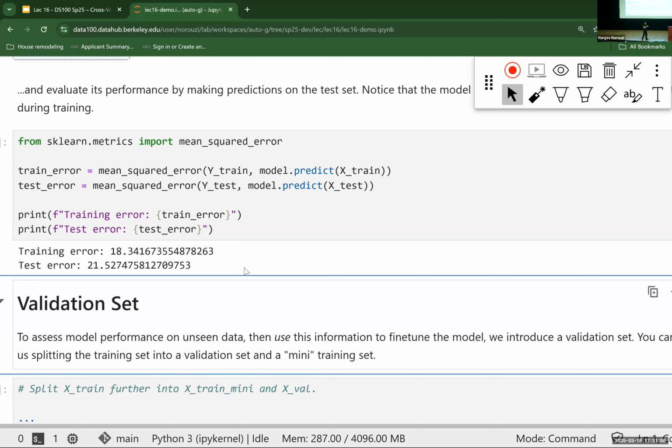So the model was trained such that we do a good prediction on average for all of the data points. The model had not seen anything about the test data, so it could not perfectly match the test data. So it is always expected that there's a little bit of a higher error on the test data because it was not seen by the model. Okay, that's the gut check that you need to do every time you do the comparison.